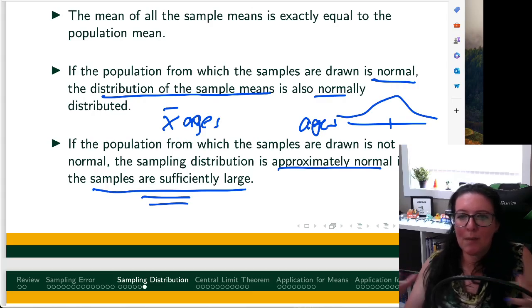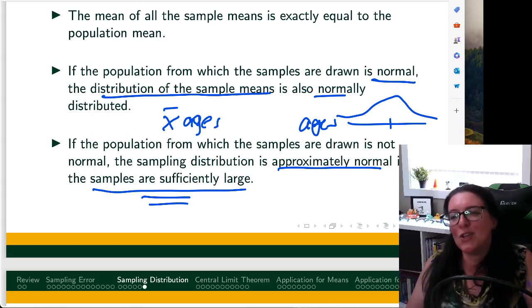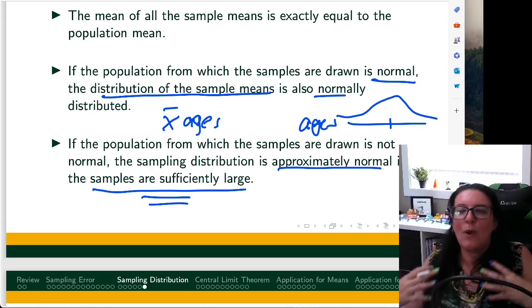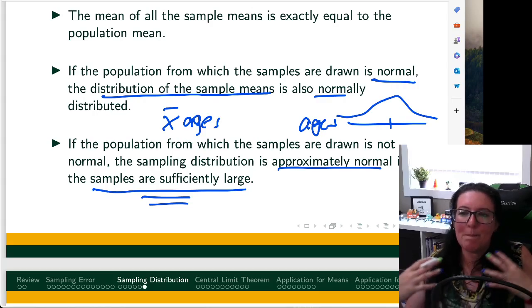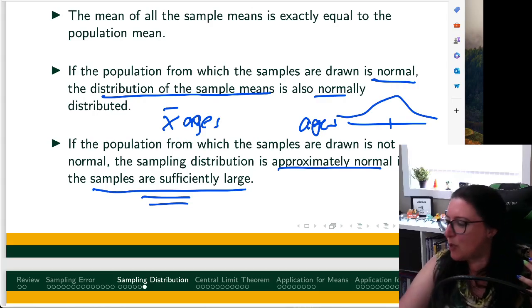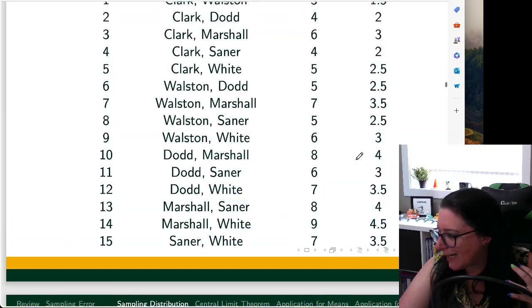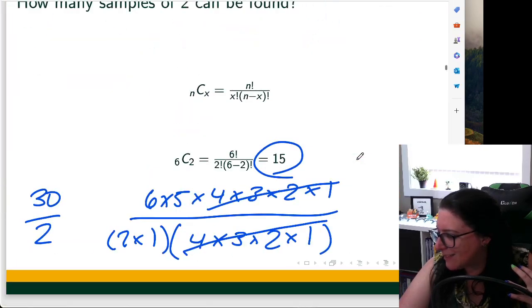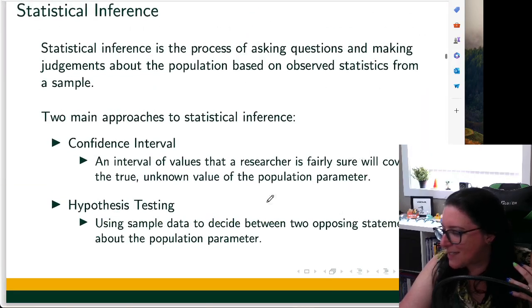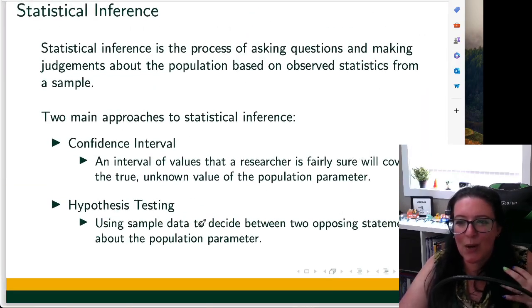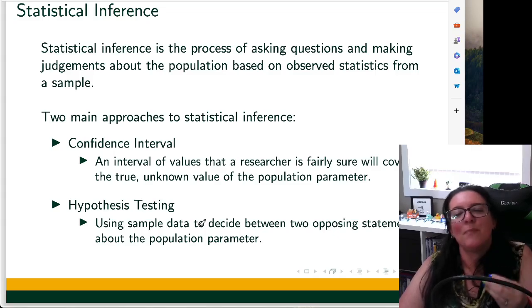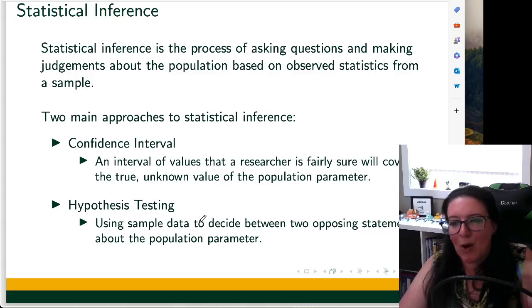So when we talk about sample size and how big it should be, we want our sample sizes to be big enough to be able to make inferences about the population. So we want to have enough entities within that sample to represent the variability in the population.